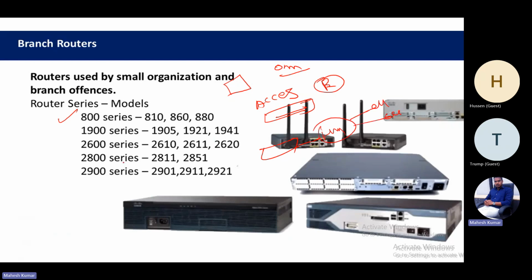Then after that, ISP level routers are there. The starting routers are the 800 series, 1900, 1600, 2800, 2900 series routers, which are branch routers for small organizations. So this kind of router you'll get to see. These are the series 800, 1900, 2600, 2800, and 2900 routers.